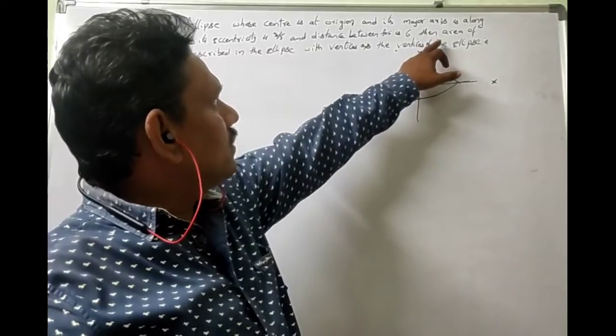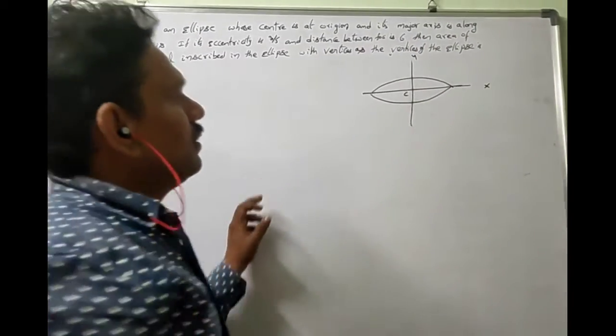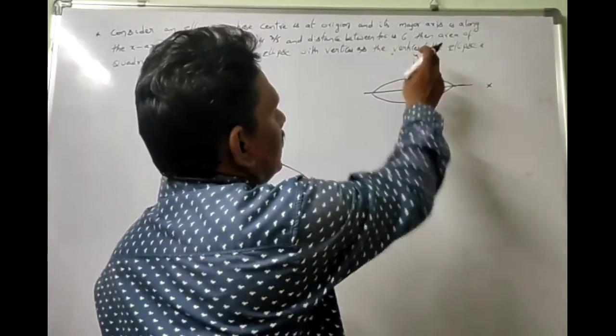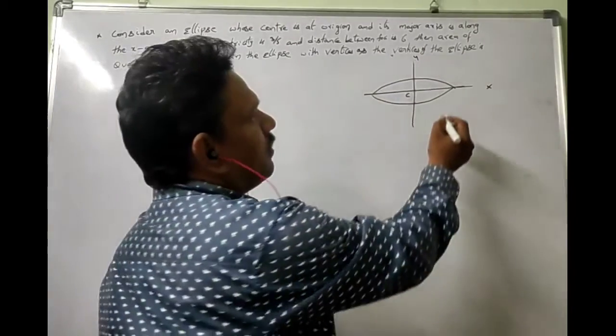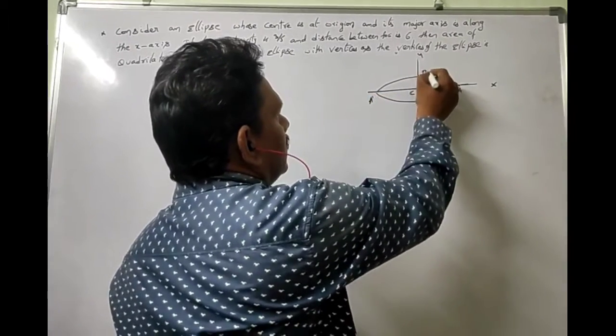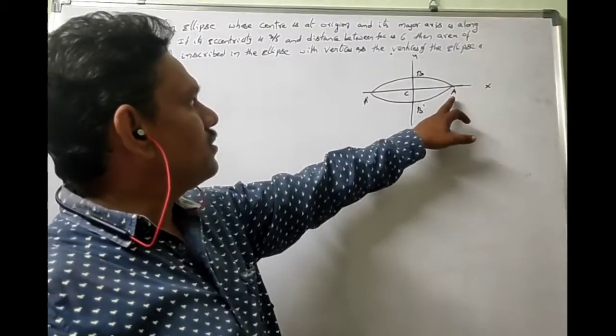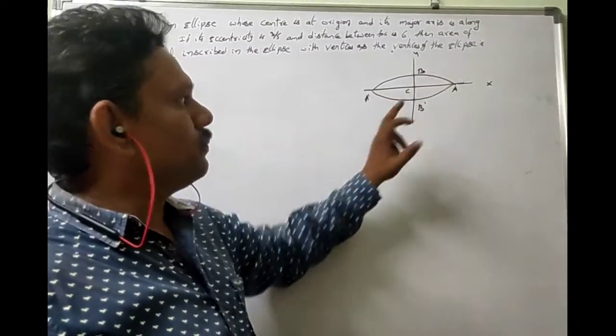Then he is asking to find the area of the quadrilateral inscribed in the ellipse with vertices as vertices of the ellipse. Here, what are the vertices of the ellipse? This is A, this is A dash, this we consider as B and this as B dash. So vertices of the ellipse are A, B, A dash, B dash.